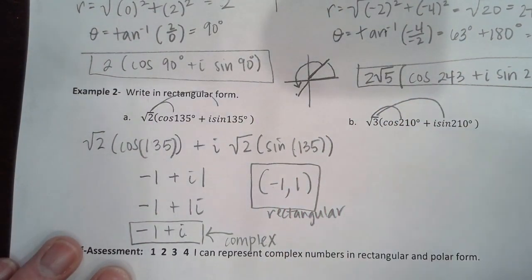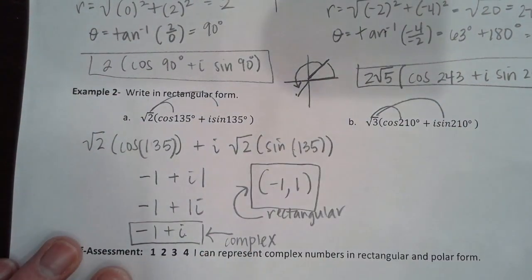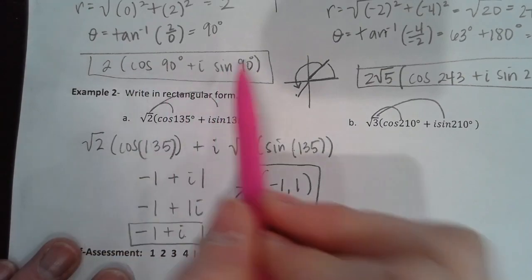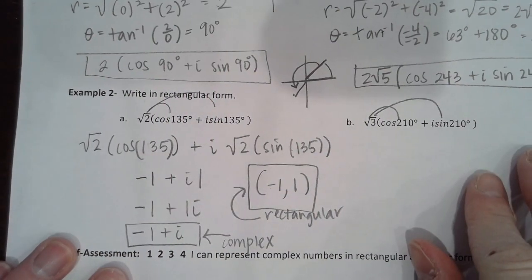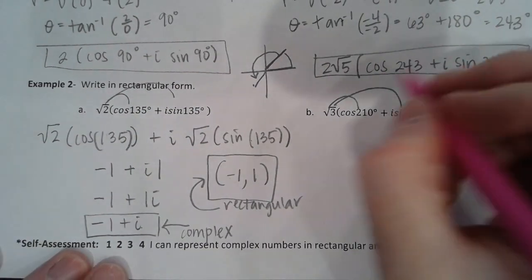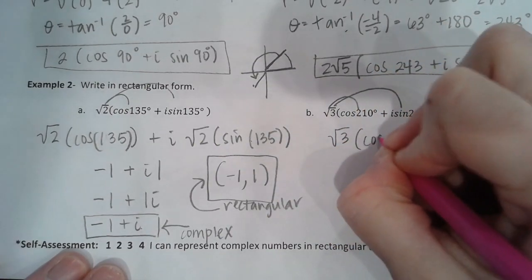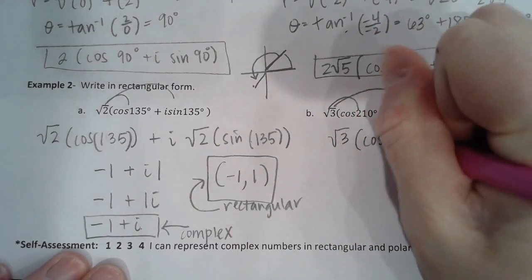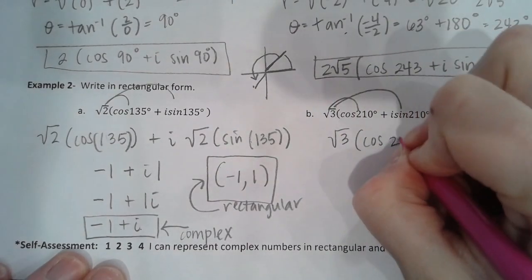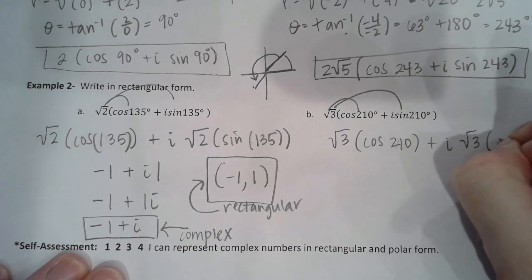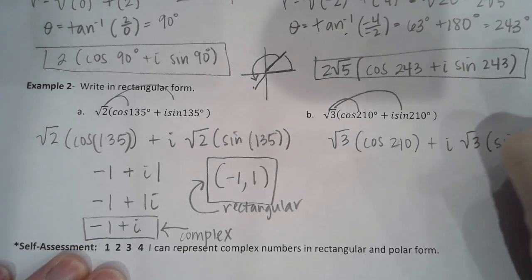So many forms. So ordered pairs is rectangular, no ordered pairs is complex, with our sines and cosines is polar. So one more over here, so we take our cute little root 3 and we distribute it, or multiply it, to cosine of 210, not 120. 210, and I root 3 times sine of 210.